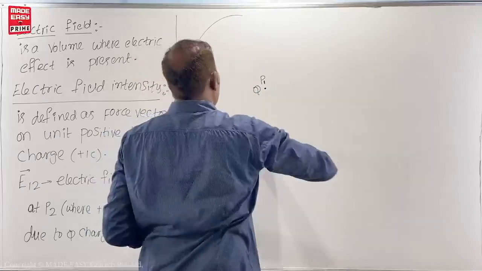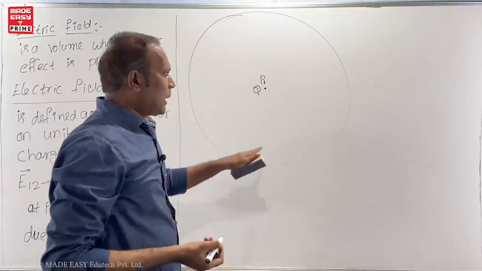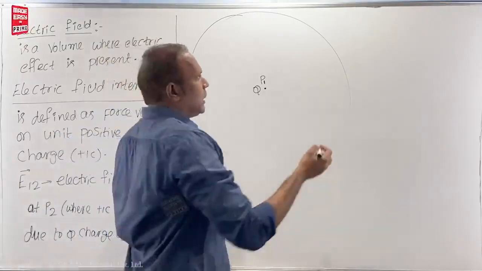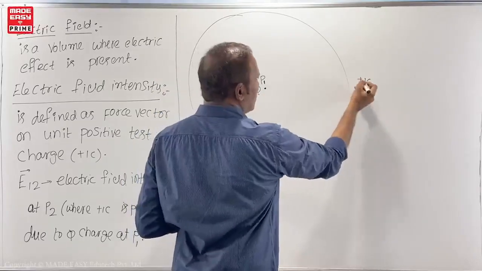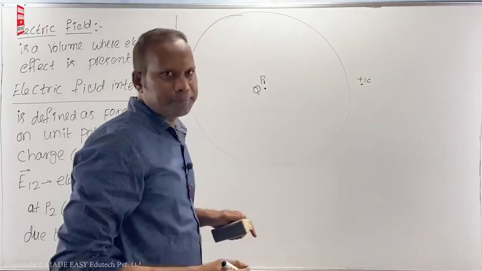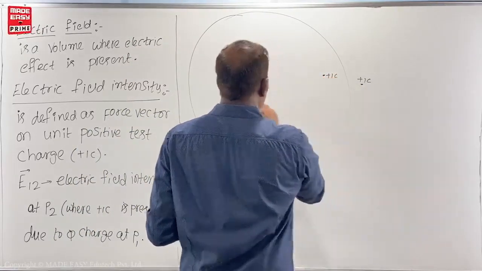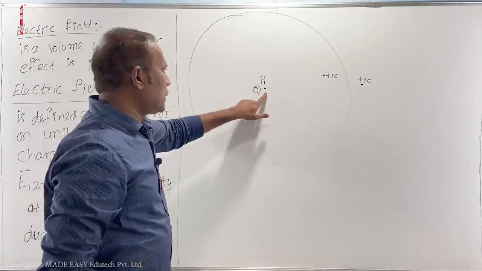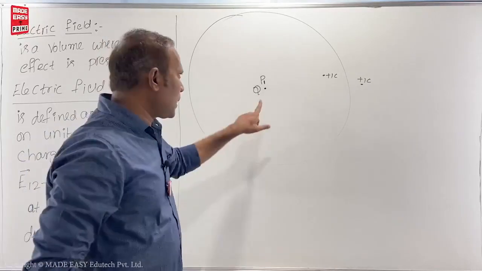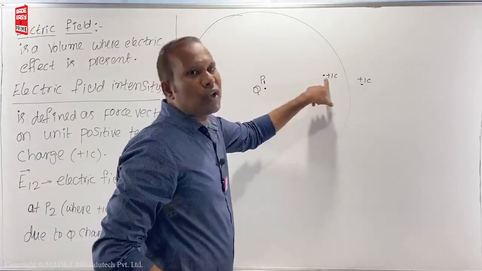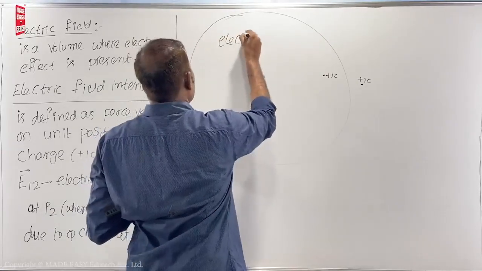So for example, in this volume, electric effect is there. How do you know electric effect is there in this volume? If you put a plus 1 coulomb test charge outside, it cannot be attracted because this 1 coulomb is outside the electric field. So if you put 1 coulomb here, assume this is also a positive charge, then this positive charge repels this one. Why is it repelling? Because this positive charge applies a repelling force on this. This charge is present in the electric field.